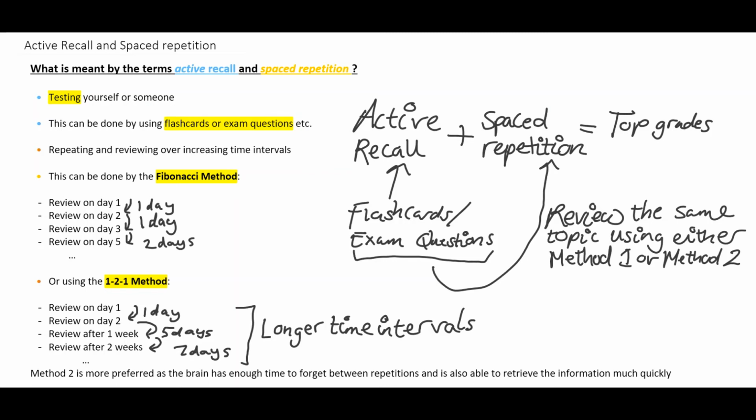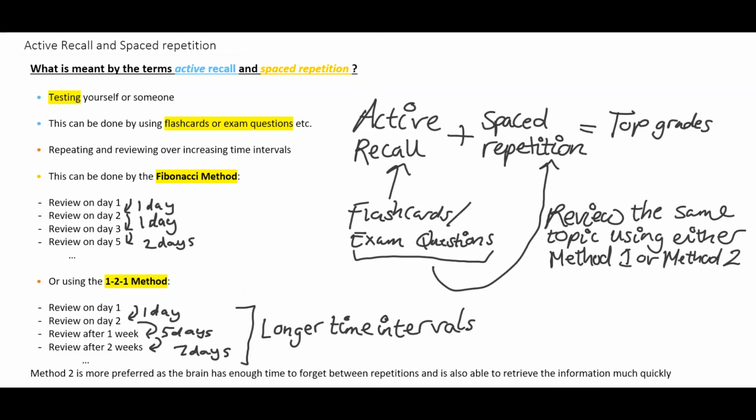To use flashcards, what you're going to do is review on day 1. So let's say you're doing a topic in maths, which is quadratic equations, and you're trying to learn the quadratic formula, obviously, because it's not given in the formula book. So you're using the flashcards and you're testing yourself on how well you know it.